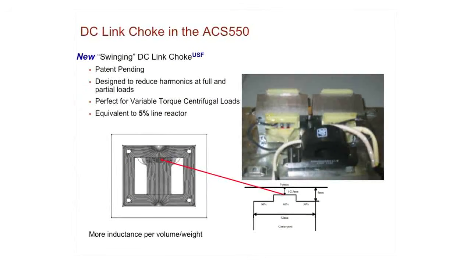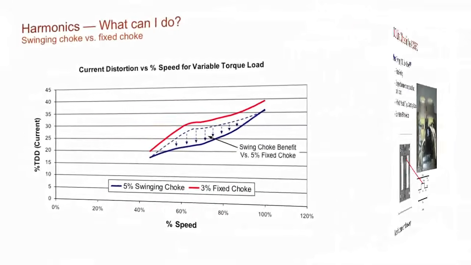We have a patented swinging choke. The difference is the design of it. Basically it's equivalent to a 5% line reactor. The benefit is when you're running lightly loaded. Typically your DC link chokes have a 3% impedance or a 5% impedance, but as soon as you back off from full power, the impedance of that system drops pretty drastically on a normal choke.